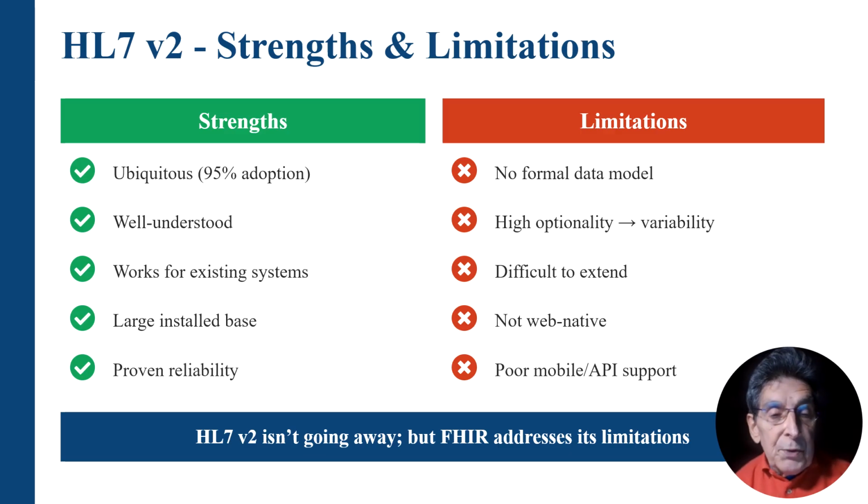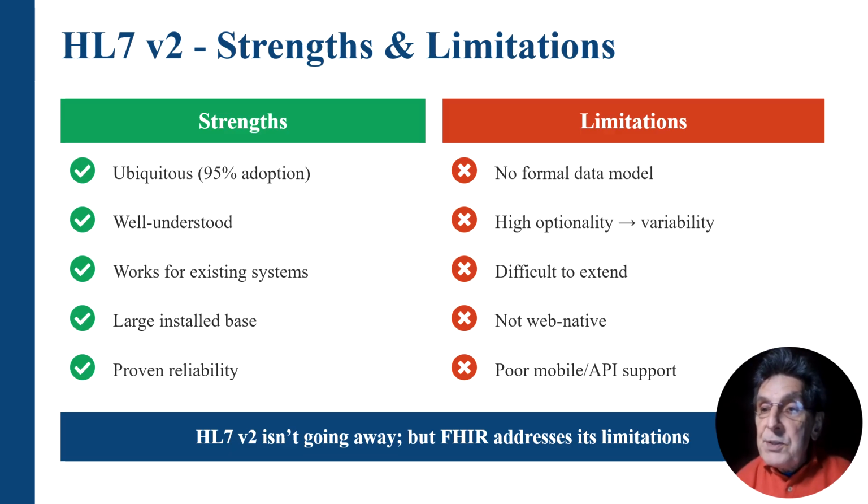But there are also limitations. There's no formal data model. The specification allows a lot of optionality. So two, quote, compliant implementations might structure data very differently. So this optionality leads to some variability. So like, what does field OBX5 contain? Depends on who implemented it. It's difficult to extend.